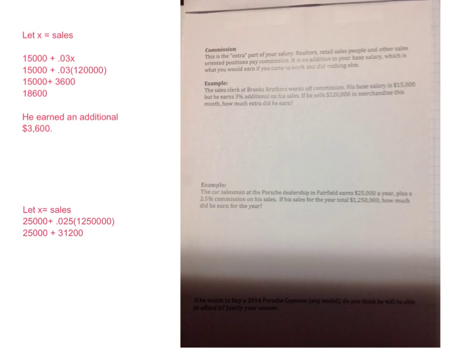So over here, you can see that I did a let statement. So I did let X equal sales. So here's the base salary. I actually did more than what I was supposed to because I didn't read the question. And the question just asked how much extra did he earn? Extra. So all I need to look at is his sales right here.